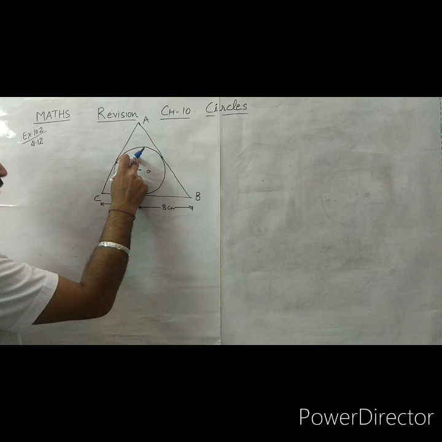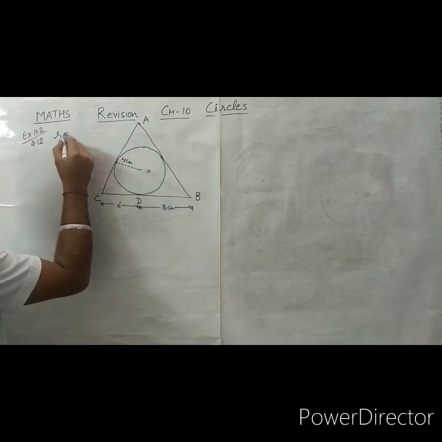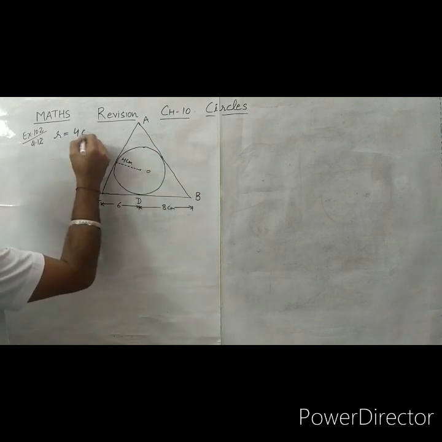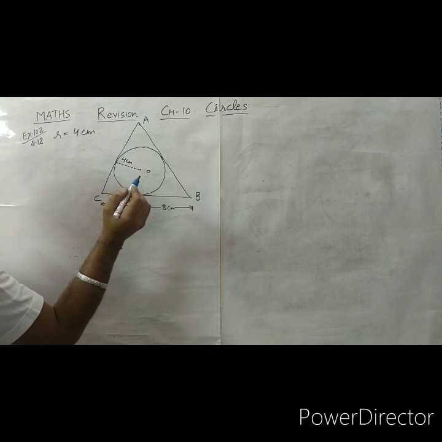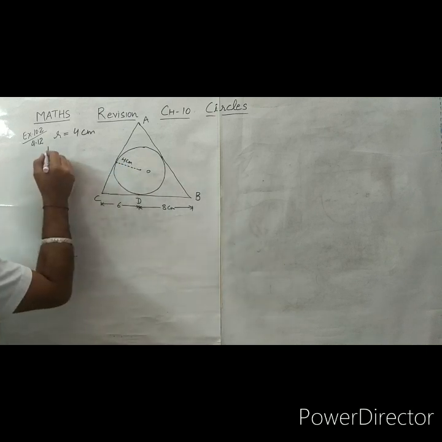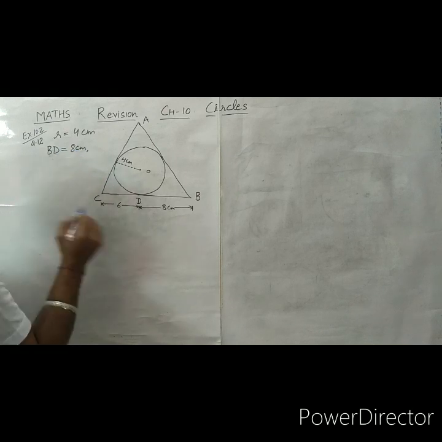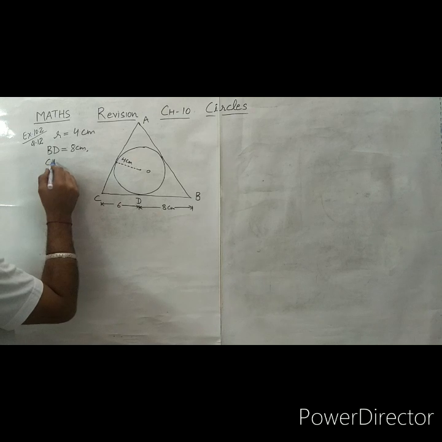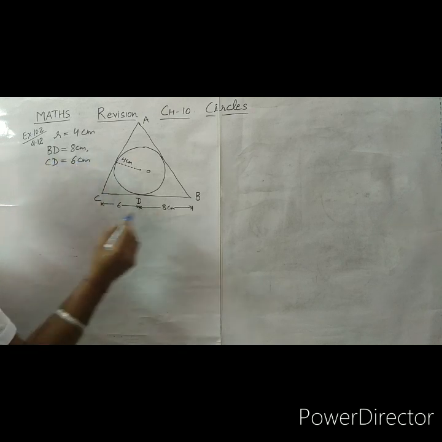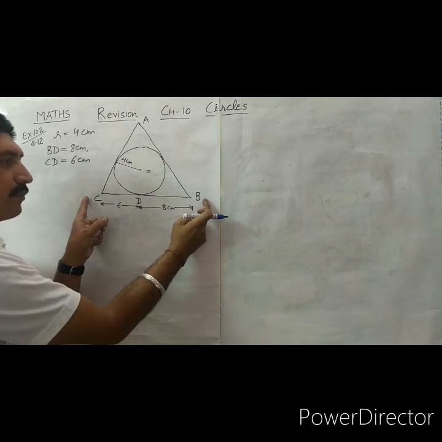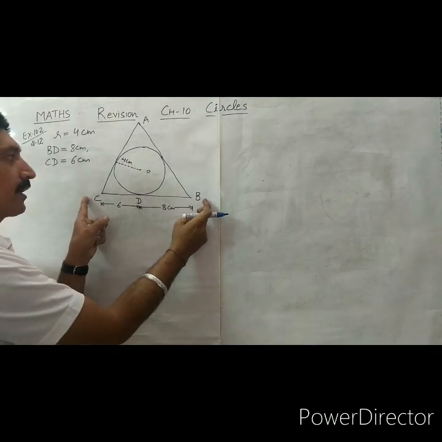Radius of the circle is 4 centimeter, and BD is 8 centimeter, CD is 6 centimeter. Means the BC side is 14 centimeter.